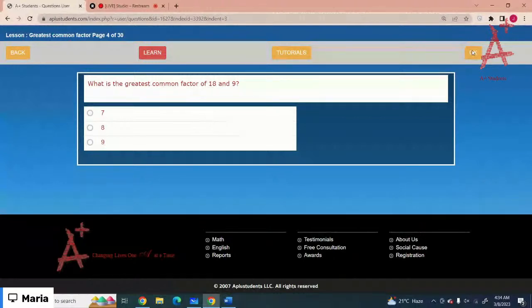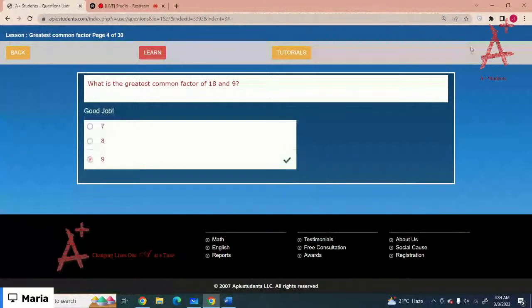So which is the correct option? Yes, it is 9. Got it? 9 is the number that can divide both 9 and 18. So 9 is the factor of 18. Got it? GCF of 18 and 9.